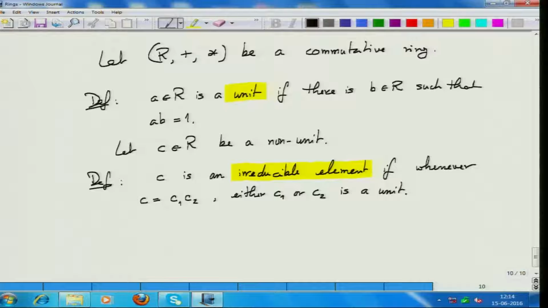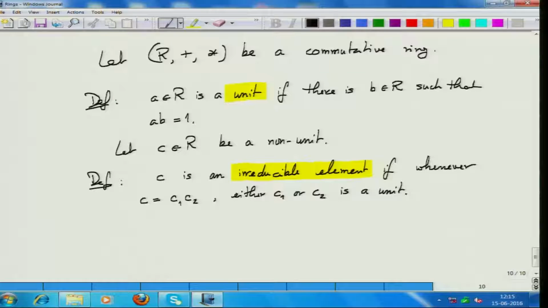Because AB is 1, C is C times AB, and C times AB is equal to CA times B. So I have managed to write C as a product of 2 elements, CA and B. Neither of them is 1 or minus 1. So that definition will completely fail to make any useful contribution. So we must have a more general definition, and this is the right one.